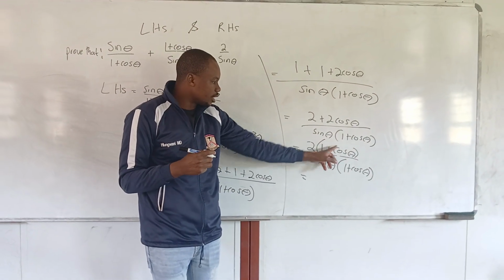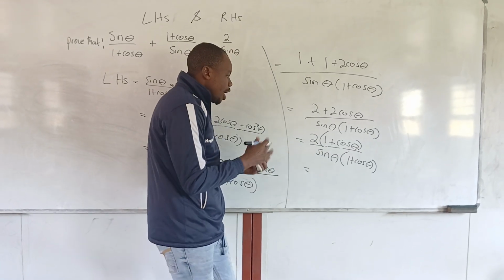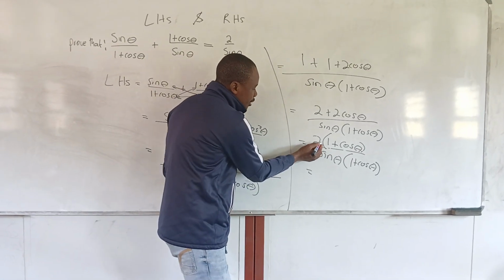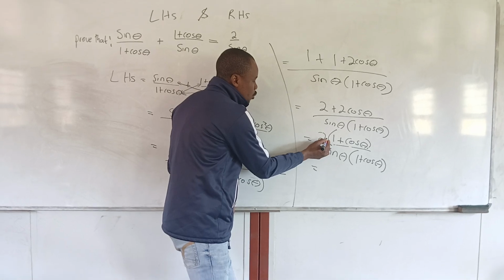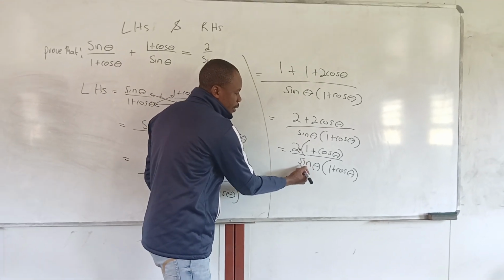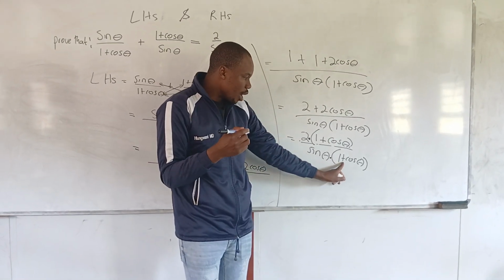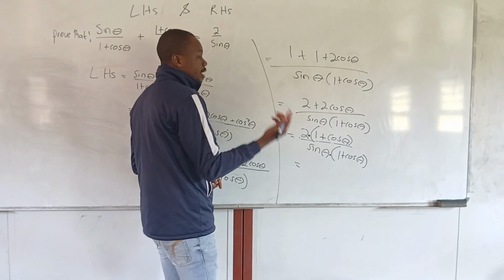Now you can cancel 1 plus cos of theta and 1 plus cos of theta. Why do I have to cancel? It is because there is multiplication between the 2 and the open bracket, and there is a multiplication between sine theta and this 1 plus cos of theta because they are inside the brackets.